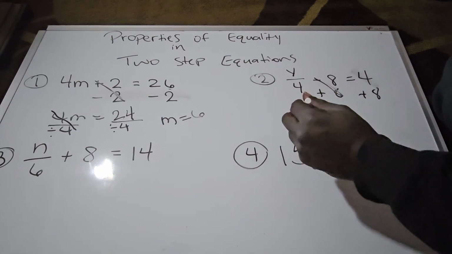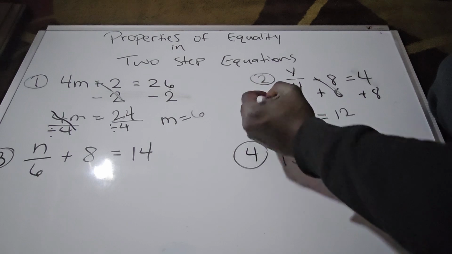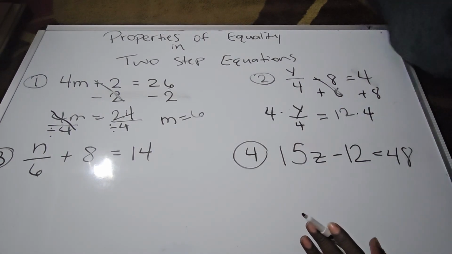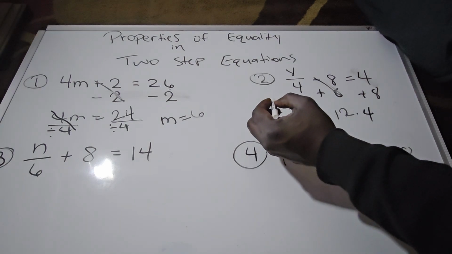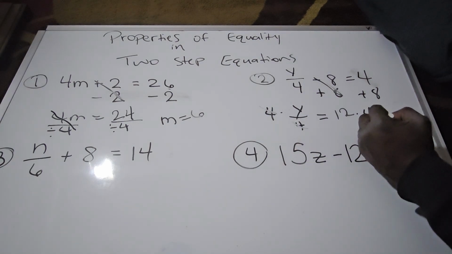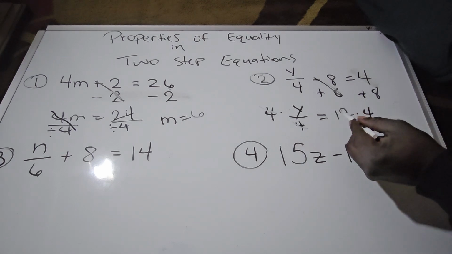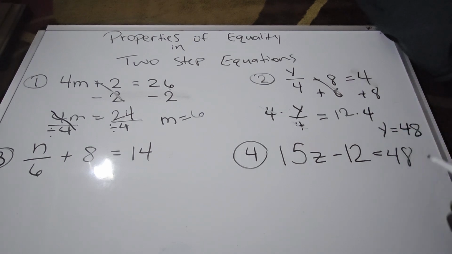So we will have to multiply by 4 on both sides. These 4's will cancel out, and now y is by itself. Now we've got 12 times 4, which is 48.